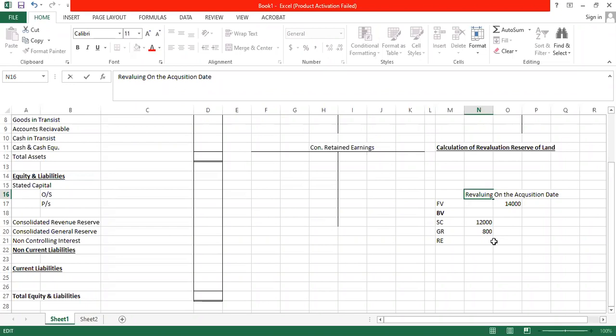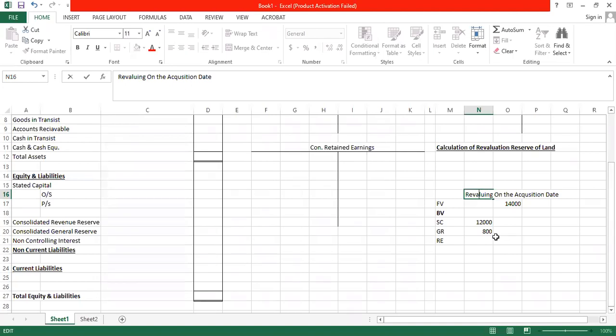Right, general reserves 800,000. If you look at the general reserves in the given balance sheet, we already take that balance, it's equal to 800. So we can assume that it has not changed, no?